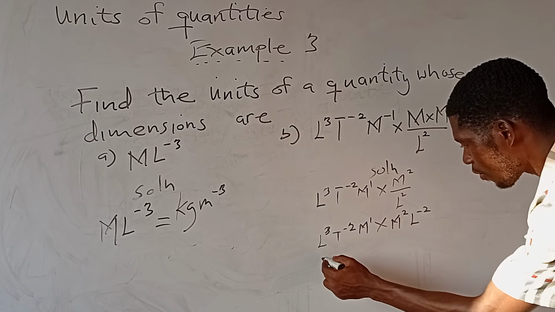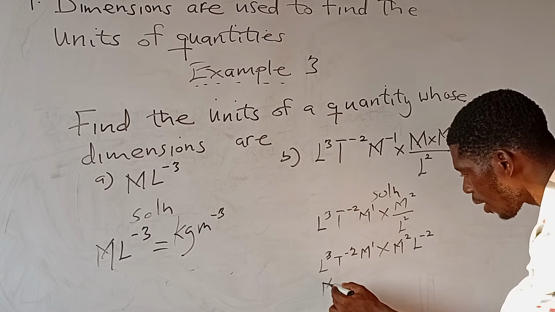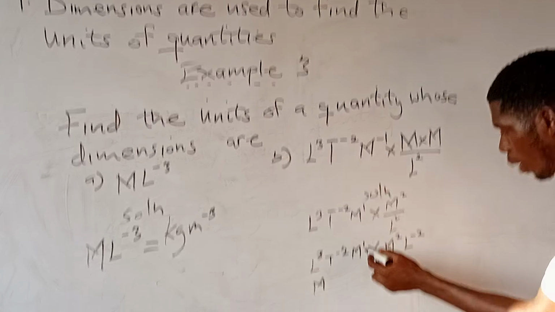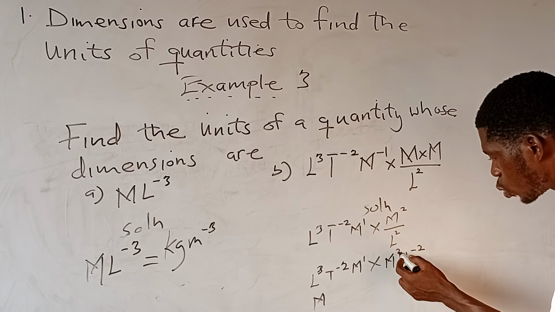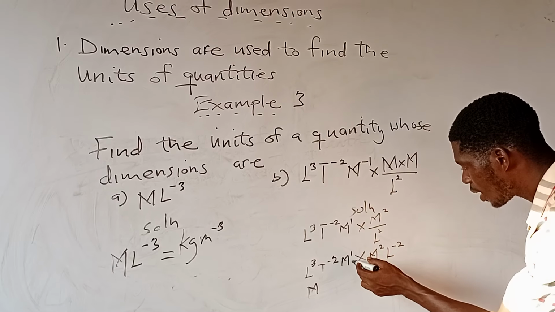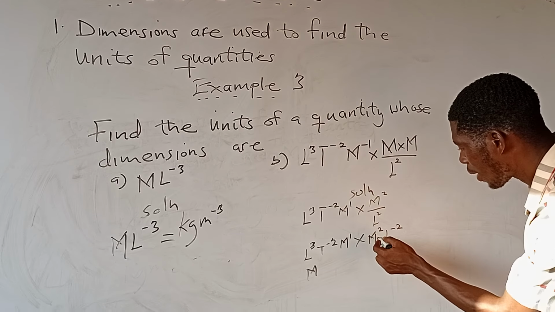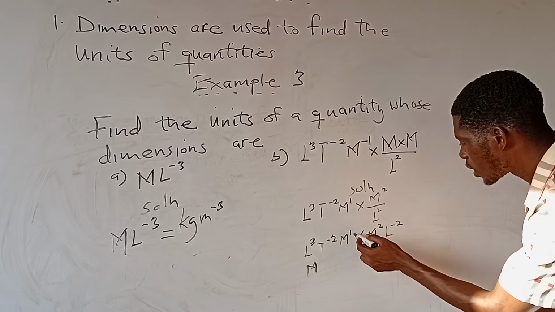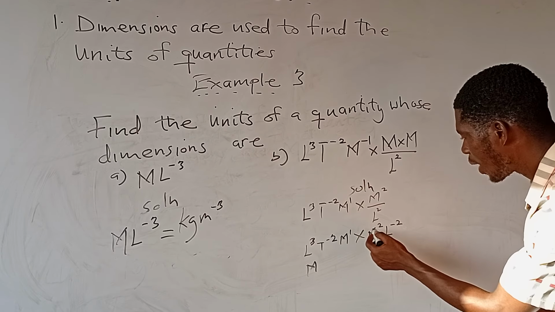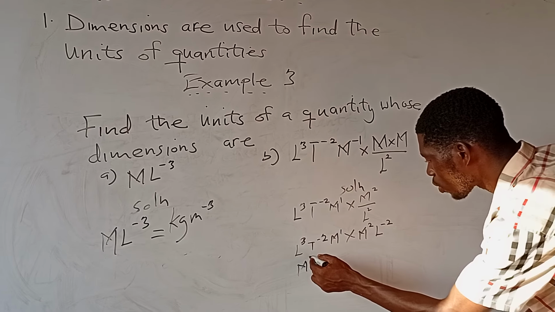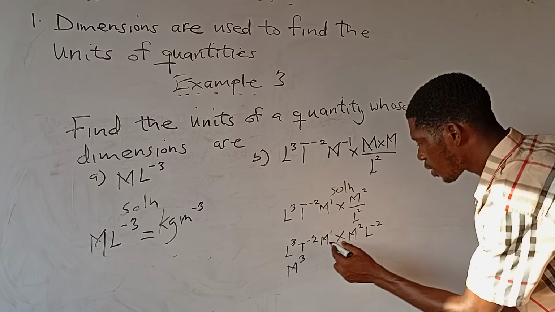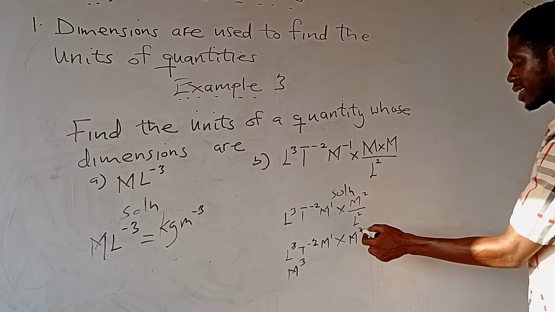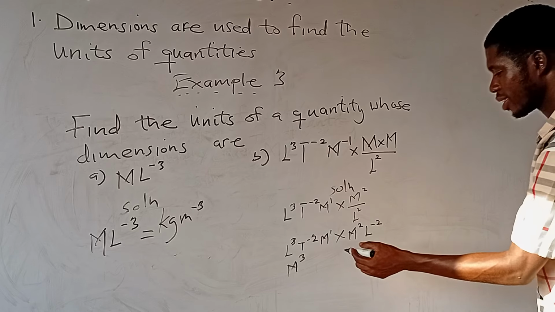For M, you have M one is here, plus 2, and one is here, multiplying another M. For multiplication, we add the powers. You have M to the power 3, because 1 plus 2 gives 3.